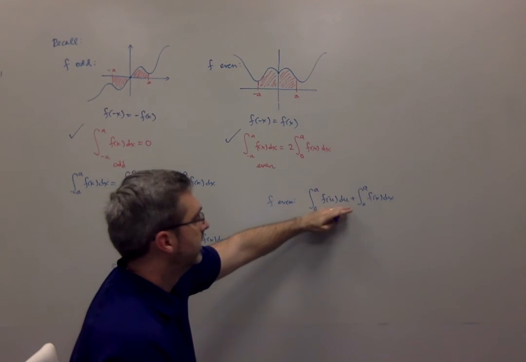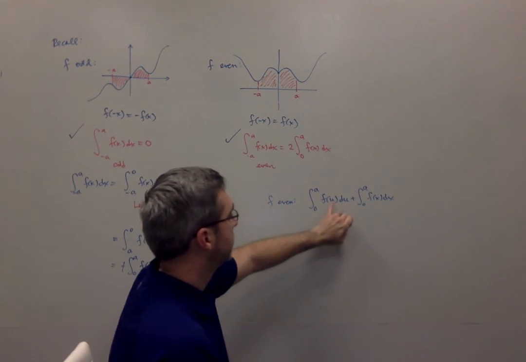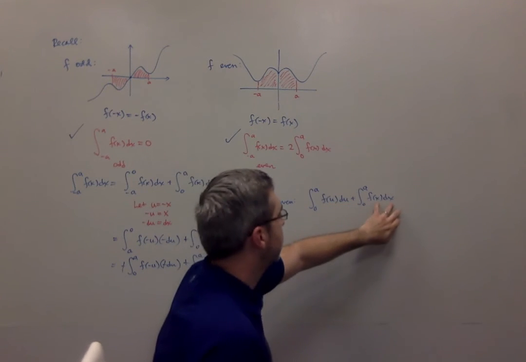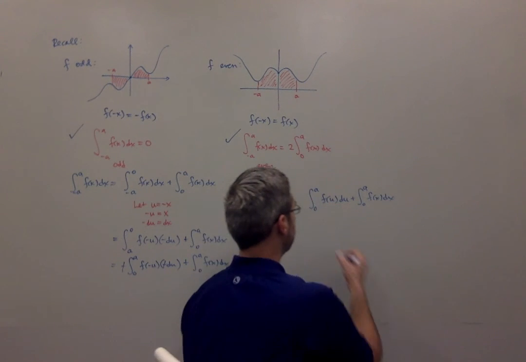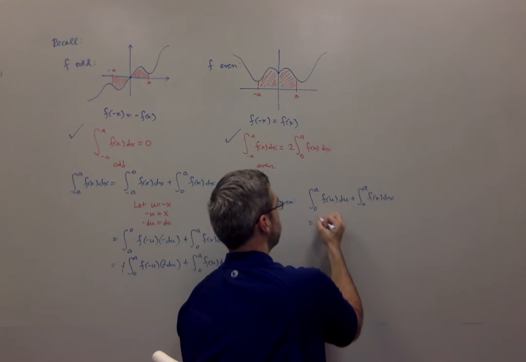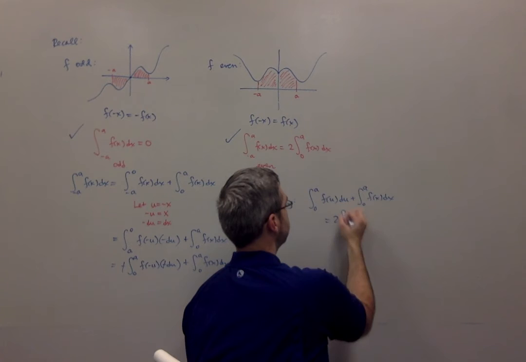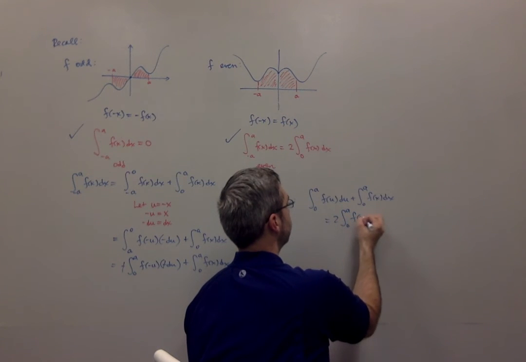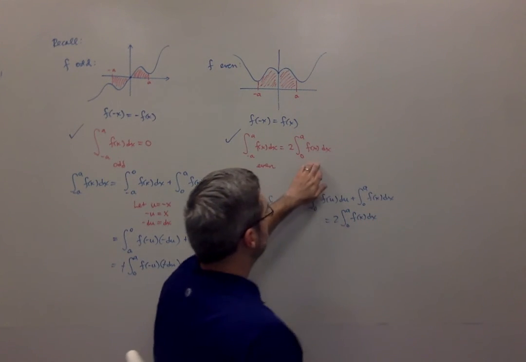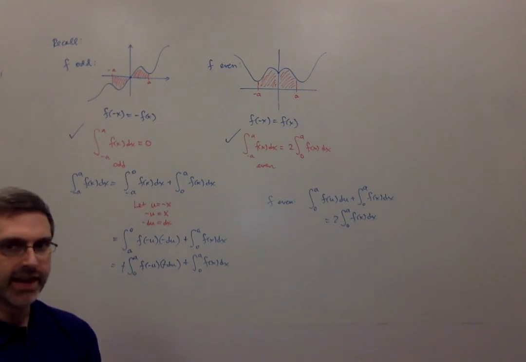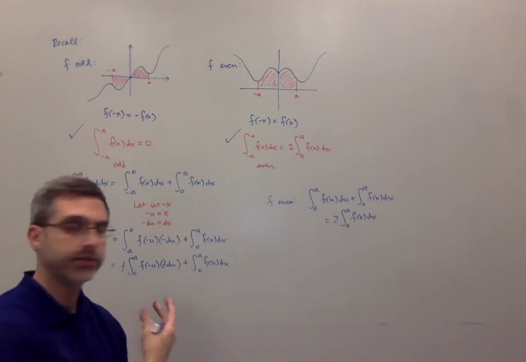Now, this is just a number, and this is just a number, and it doesn't matter what letter I'm using. I could write f of u or f of x here. So these are actually just two copies of each other, and so this turns out to be two copies of the area from 0 to a, which is what we wanted to prove up here. Okay, so in the case of an even function, this actually works.